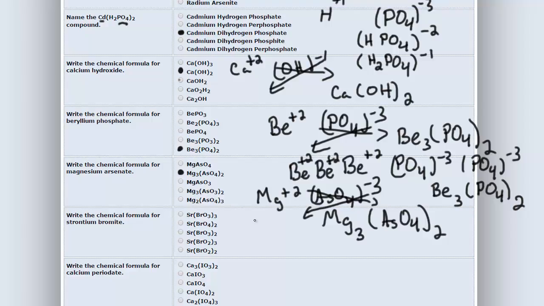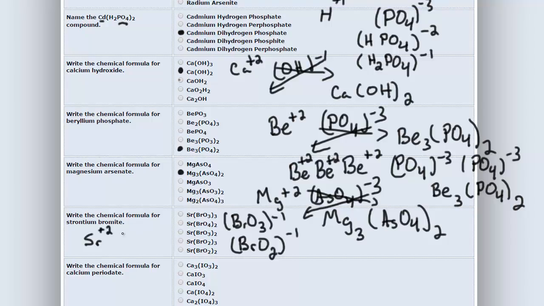Write the chemical formula for strontium bromite. All right, bromite. BrO3 is bromate, and bromate has a -1 charge to it. So 1 less oxygen than that, BrO2, that must be called bromite. And I have strontium, which is Sr. Sr is strontium, and Sr is a +2 ion.